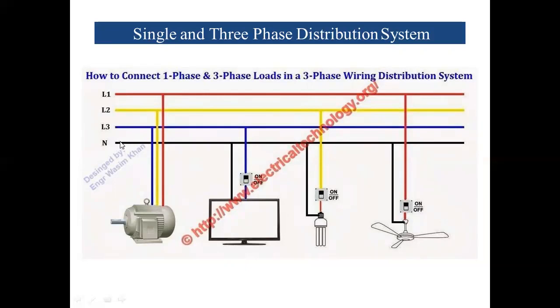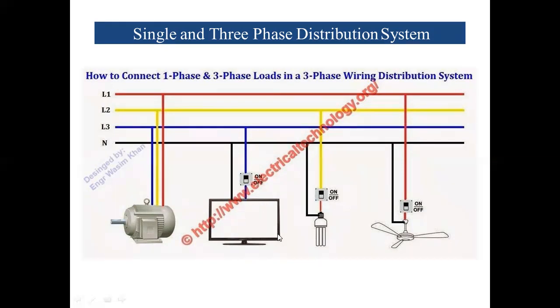N is the black, the dark line, that is the neutral conductor. If you want to give a 3-phase connection to a motor, the 3 wires can be taken from the live conductors, one tapped from L1, Y from L2, and B from L3. So no neutral wire is required to run the 3-phase 3-wire system.